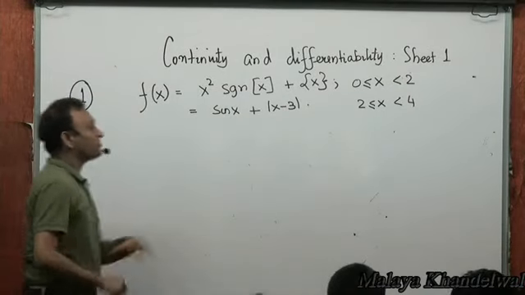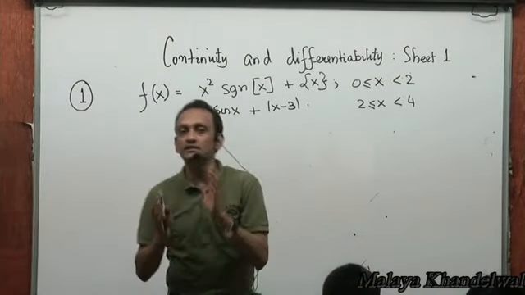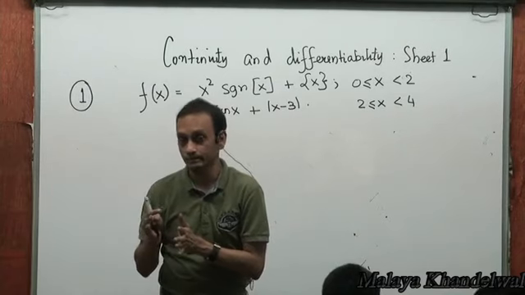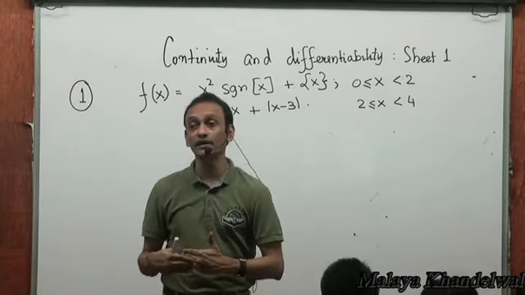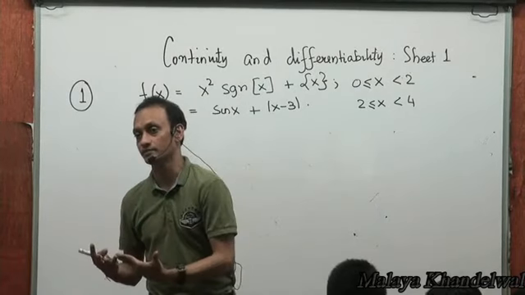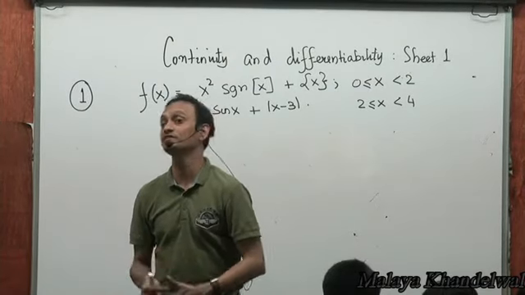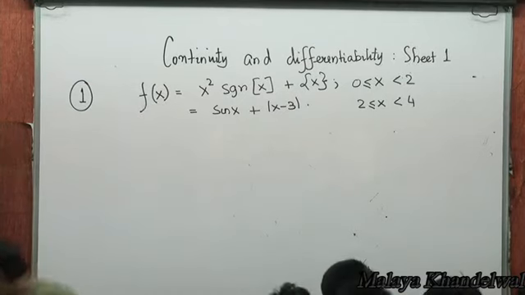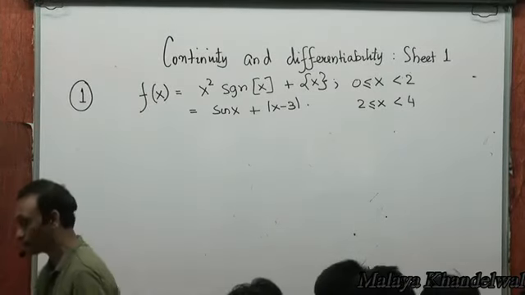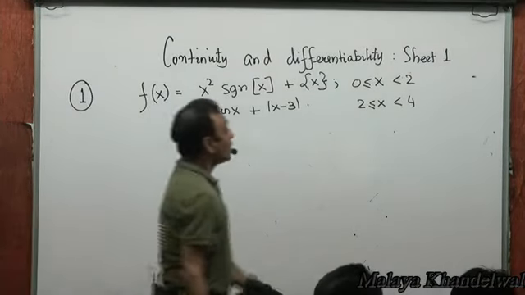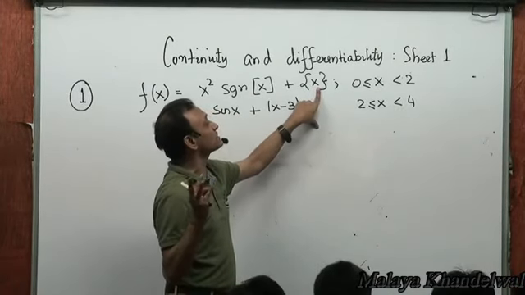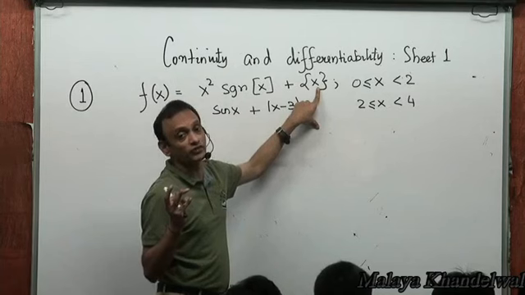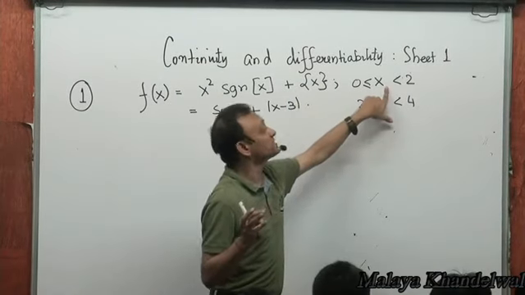Now, fractional part of x essentially is x minus box x, isn't it? So fractional part of x changes behavior every time box x changes behavior, and box x changes behavior every time x is an integer. Right? So in the interval 0 to 2, the point to be investigated is x equal to 1.